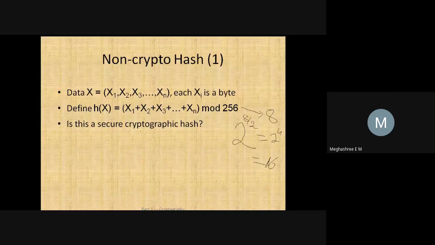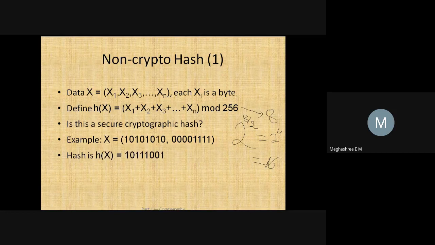Let's see a few more examples. Here x is represented in the form of bytes, that means 8 bits. If x is equal to 10101010 and 00001111, then when I apply the hash function completely on this data, I'll end up with 10111001.